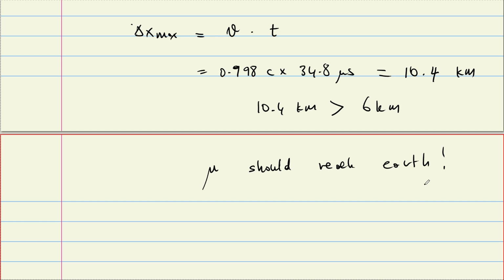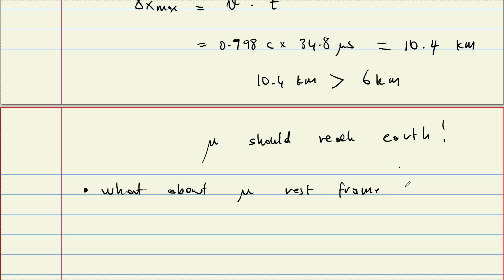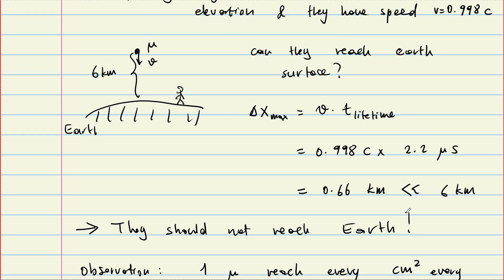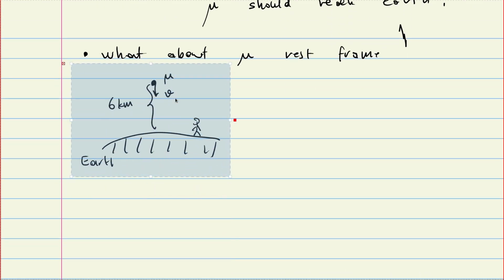But now there is a second problem. What about the muon rest frame? So let me draw this picture again. According to the muon rest frame, right? I'm in the rest frame of the muon.